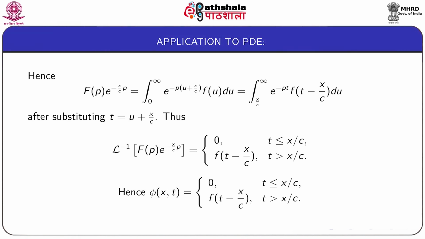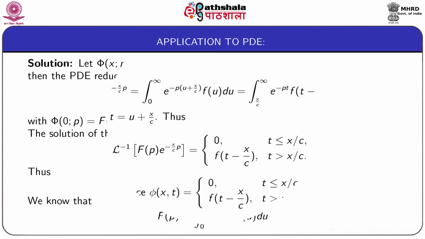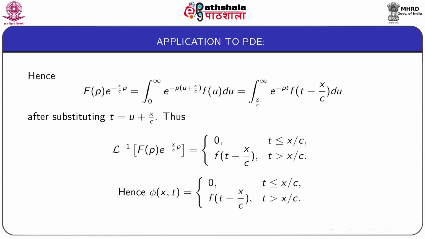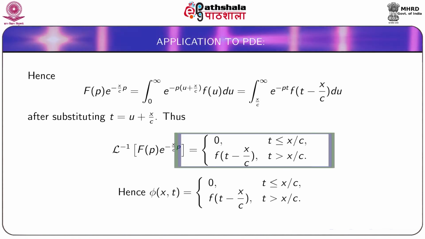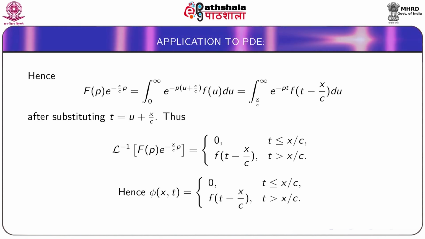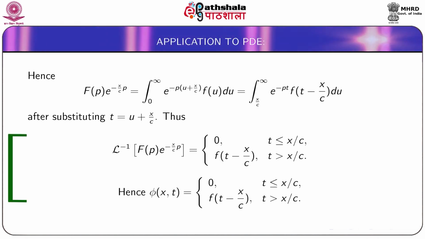Thus, with this simplification, phi(x,t), which is the Laplace inverse of capital F(p) times e to the power minus x by c p, can be written as equal to 0 for t less than or equal to x by c and equal to f(t minus x by c) for t greater than x by c.